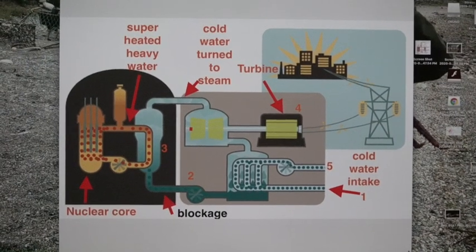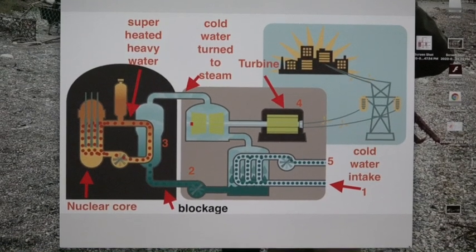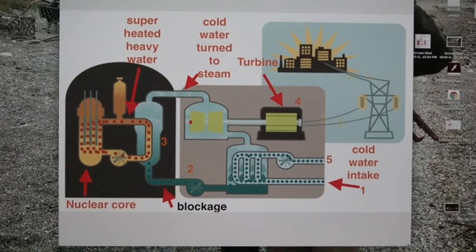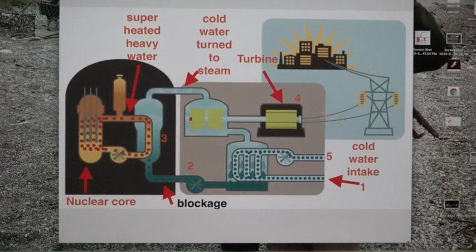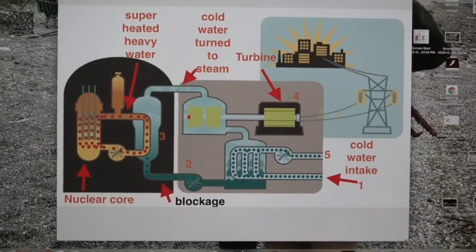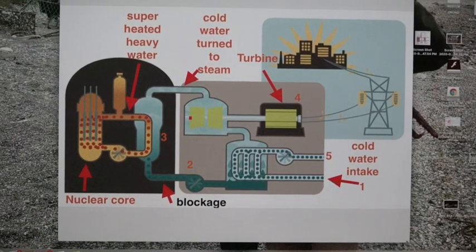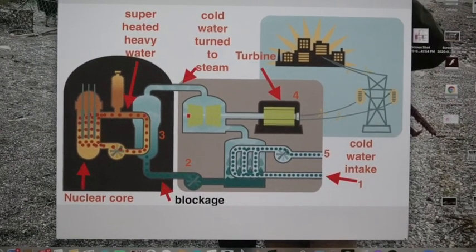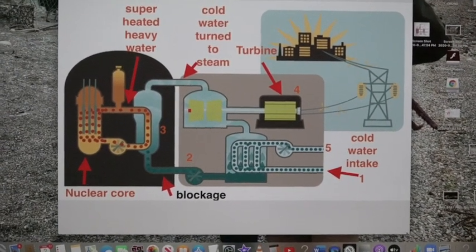So what happened at 3 Mile Island is, do you see underneath where it says blockage? There was a blockage. The cold water didn't get up to take the heat away from the superheated heavy water. So the superheated heavy water went back to the core incredibly hot. So there was an escape valve because the pressure was building up, and most of the heavy water started pouring out the escape valve.